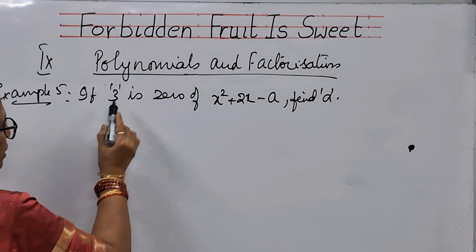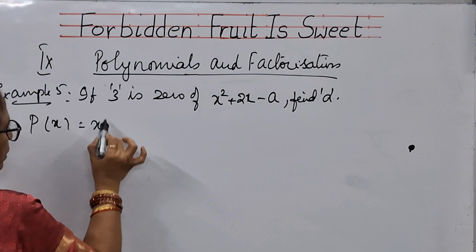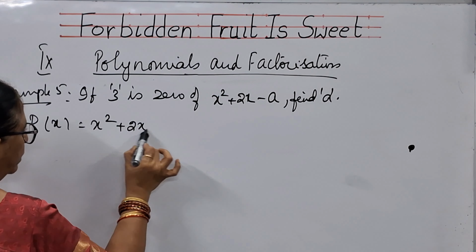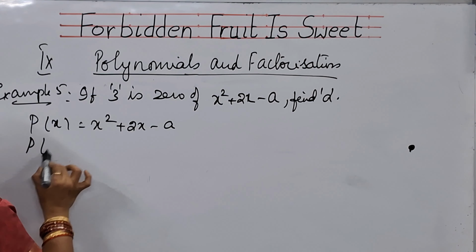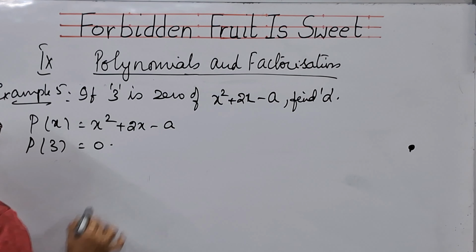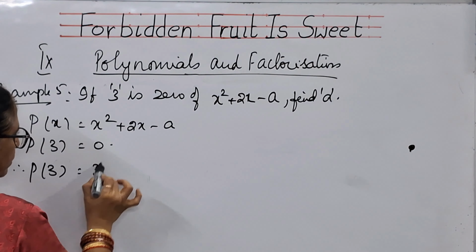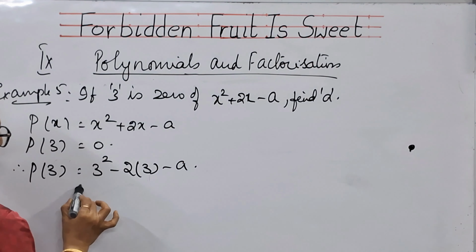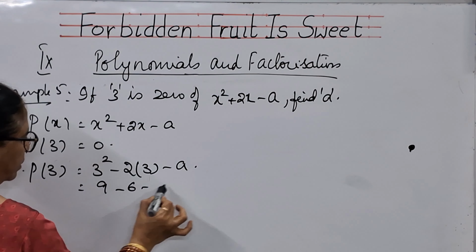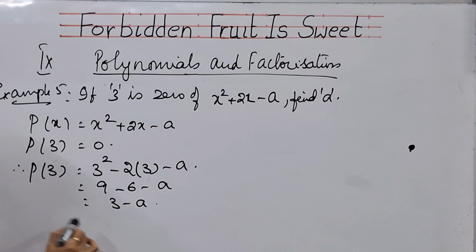What did they say? 3 is the zero. So p of x is equal to x square plus 2x minus a. But what they are saying? p of 3 is equal to 0. So what is p of 3, children? 3 square minus 2 into 3 minus a. 9 minus 6 minus a. 3 minus a.